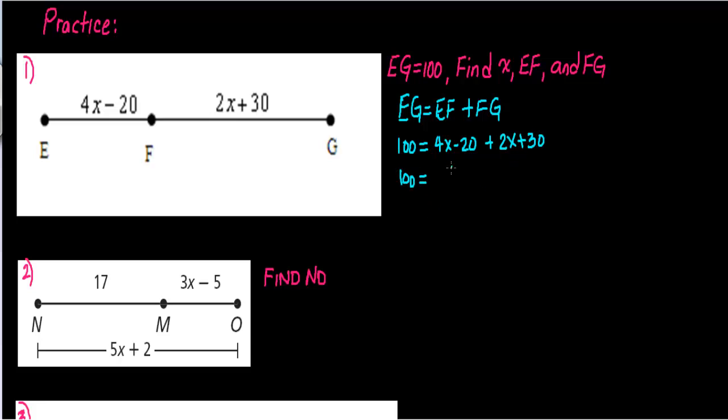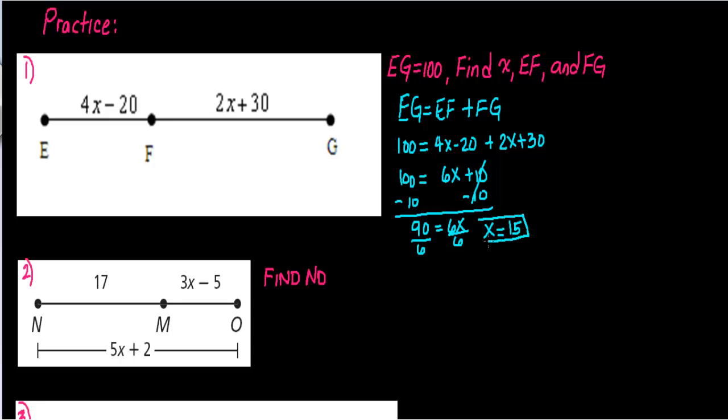So 100 is equal to 6x plus 10, because negative 20 plus 30 is 10. And now I can subtract 10 from each side so that I can isolate my x term, and I'll have that 6x is equal to 90. And then you divide by 6 on each side, and you get that x is equal to 15.